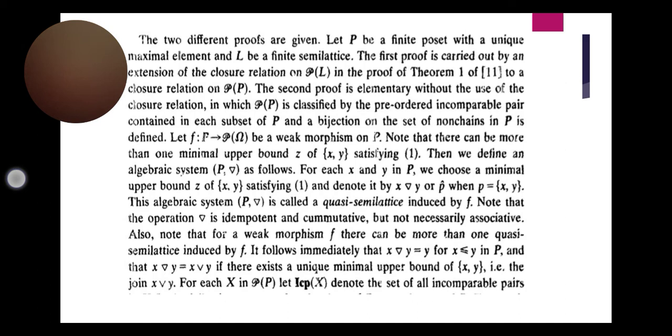If there exists a unique minimal upper bound of x and y, the join x or y, for each x and y in P, denote the set of all incomparable pairs.